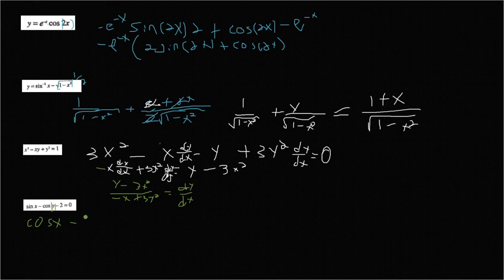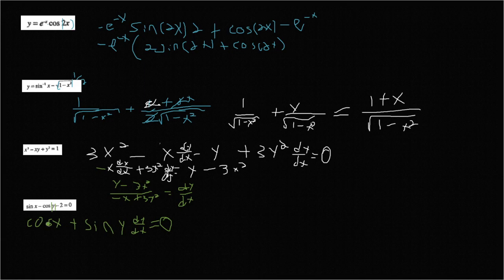The derivative of cosine x is negative sine x, so this negative becomes positive. So sine y, and then dy/dx. And then the derivative of 2 is 0, and the derivative of 0 is 0.